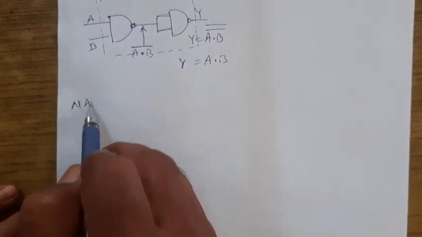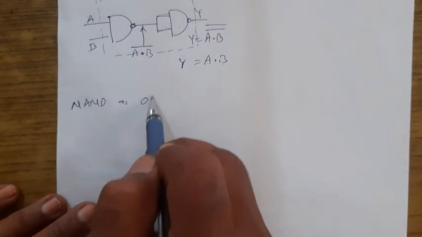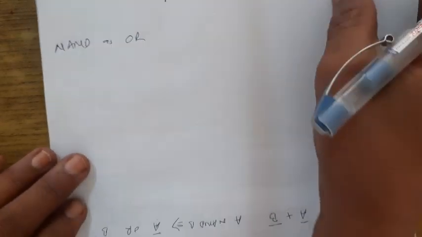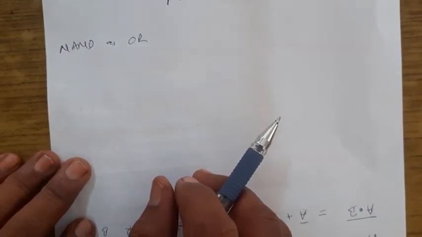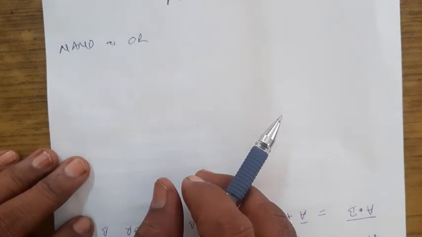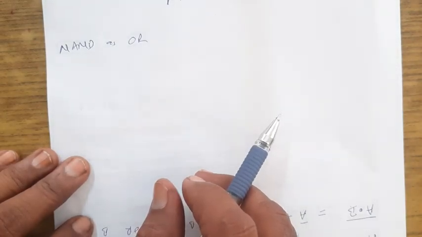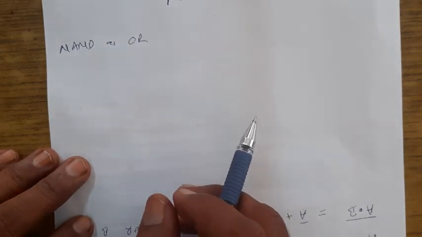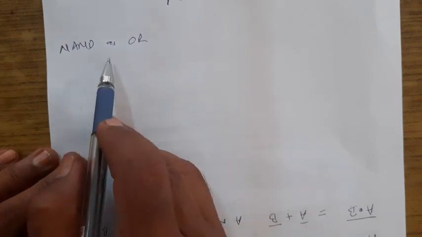Now I will write here: NAND as OR. What will we have to do? We will have to use NAND as OR. How? Again it is very interesting. What about OR?